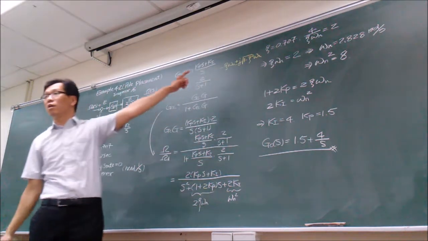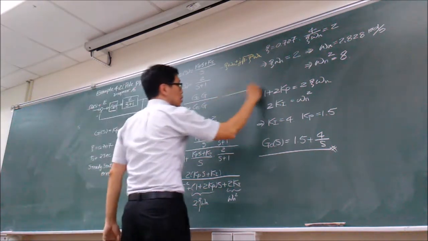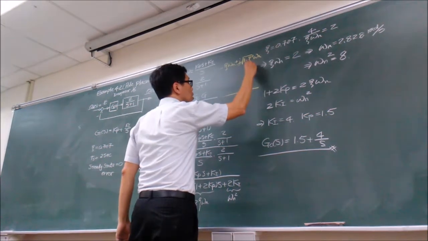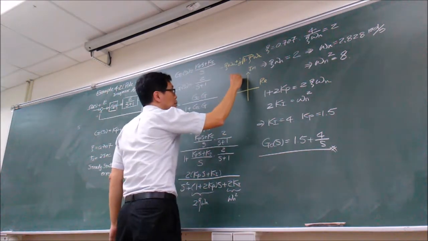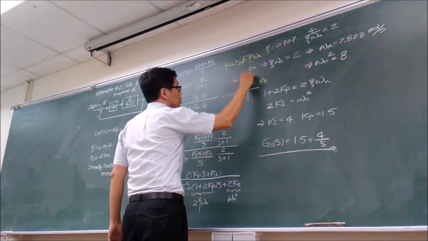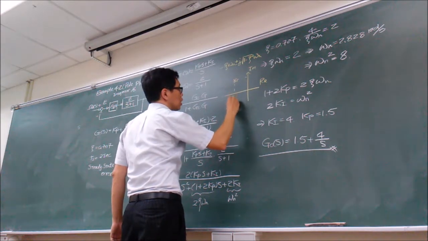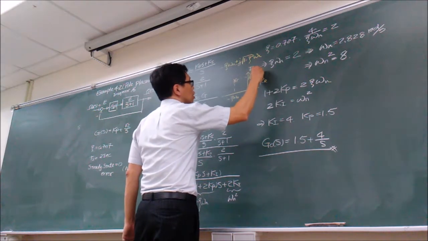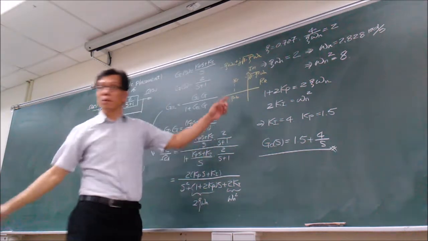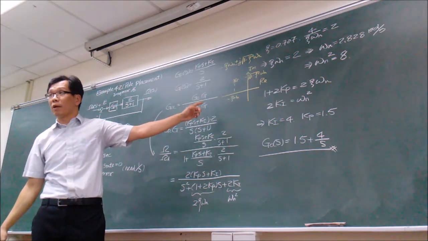Do you guys remember this thing? When we are doing this one, we say the pole location is going to be... You guys still remember this? That is something we talked about last time.